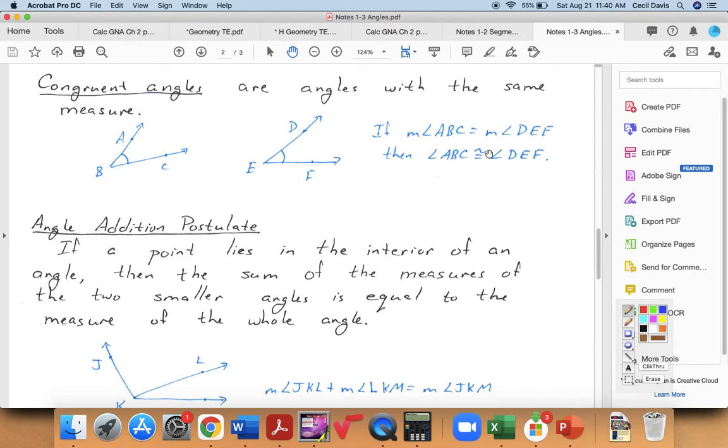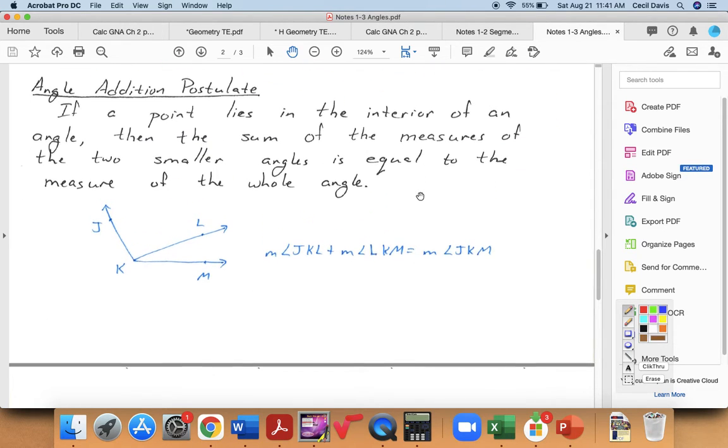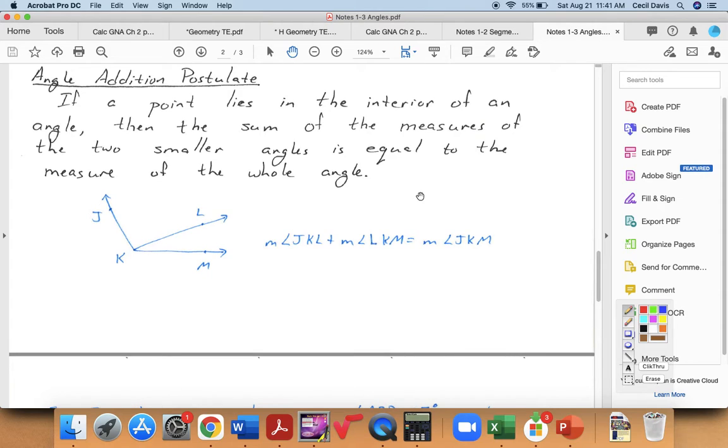Just like we had a segment addition postulate, we also have the angle addition postulate. And it says this: if a point lies in the interior of an angle, then the sum of the measures of the two smaller angles is equal to the measure of the whole angle. So here, I've got two smaller angles and I've got the whole big angle. What this is saying is that the measure of JKL, so you can think about this as how far do you have to rotate to get from J to L?